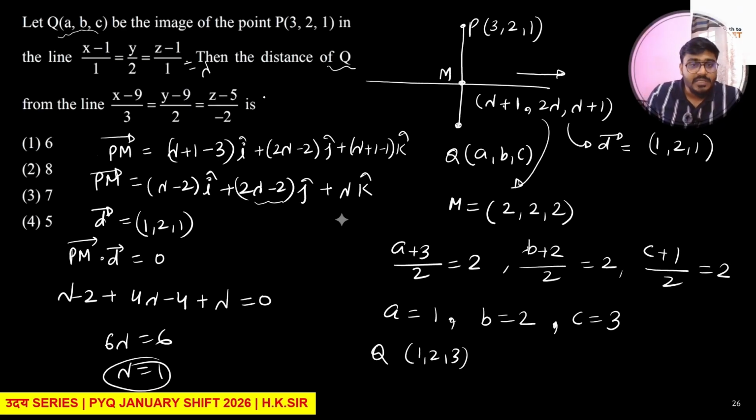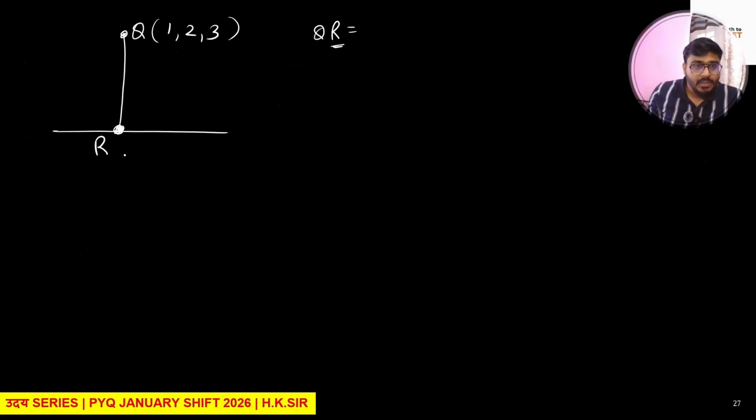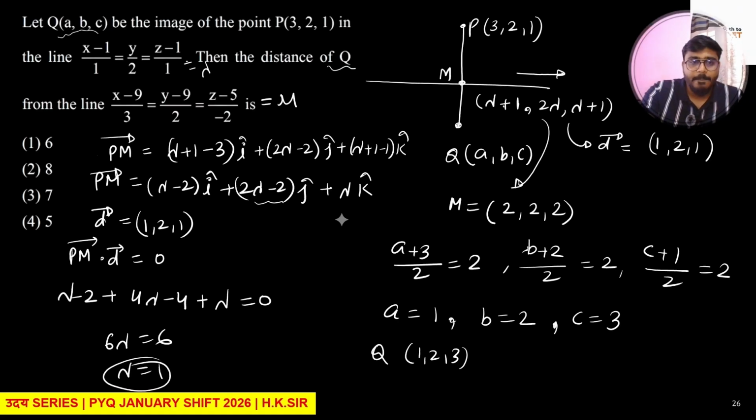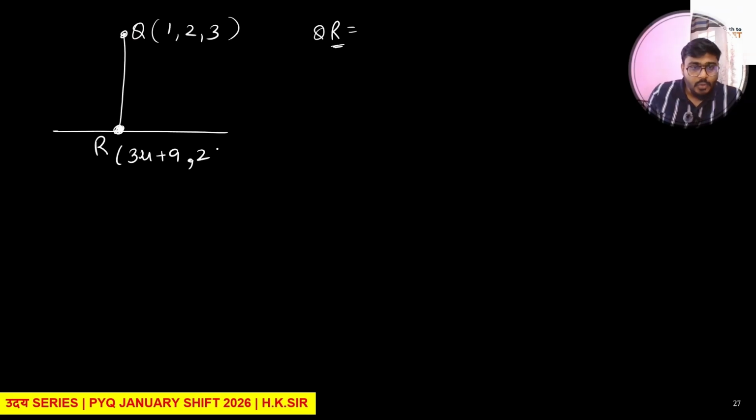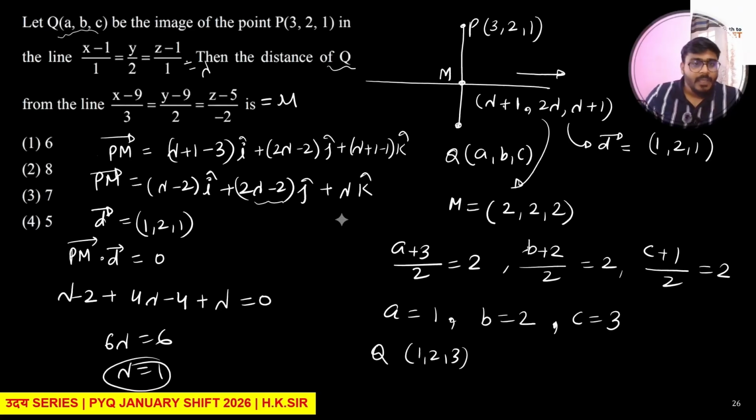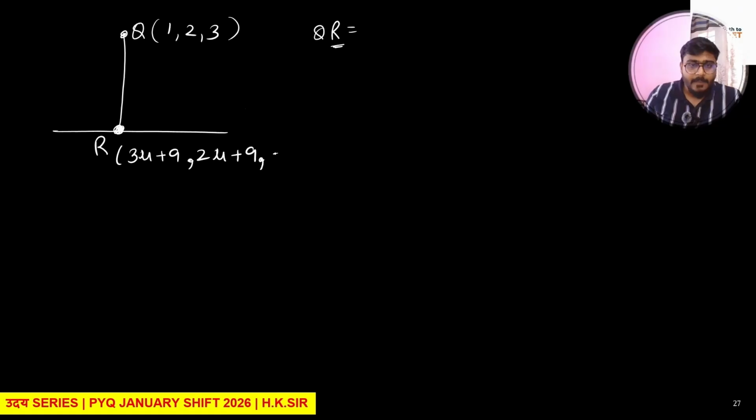So this line, let's suppose equal to lambda. Sorry, if lambda you have taken, take it equal to mu. So from here you can say this point is 3 mu plus 9 comma 2 mu plus 9 comma minus 2 mu plus 5.